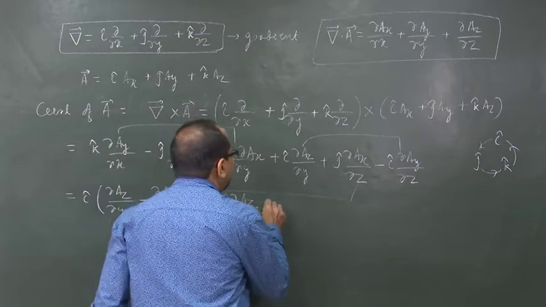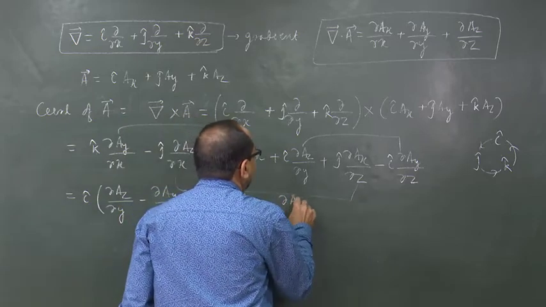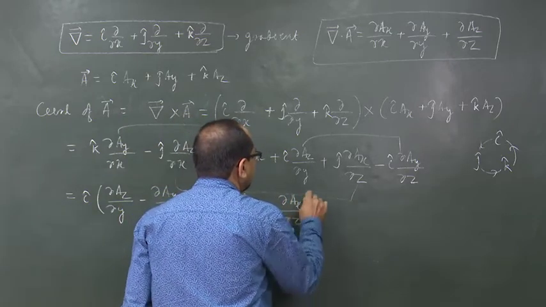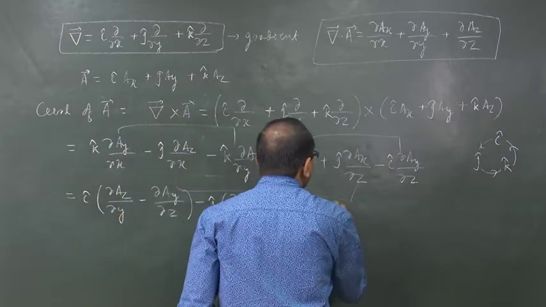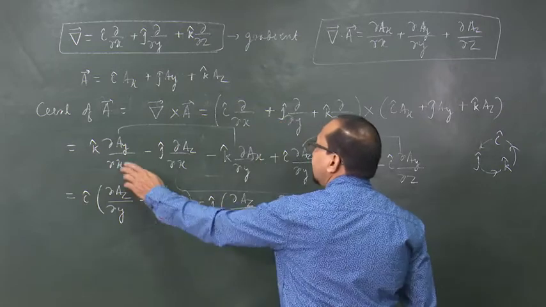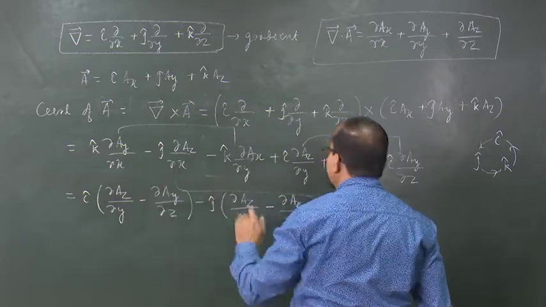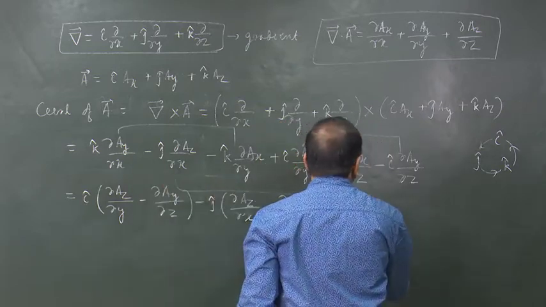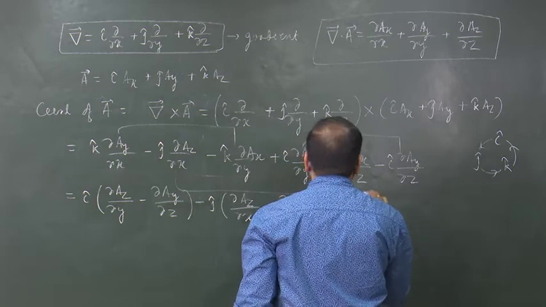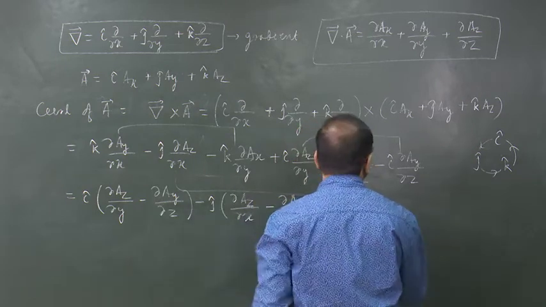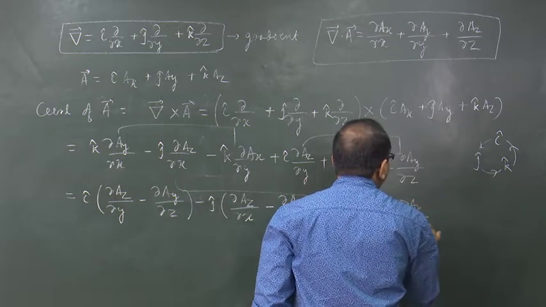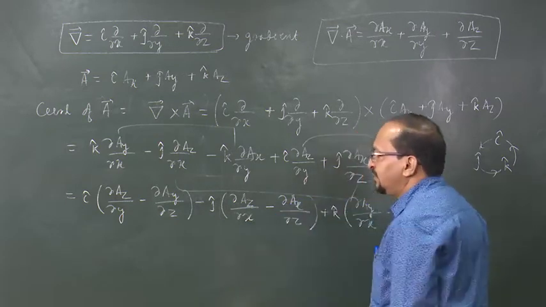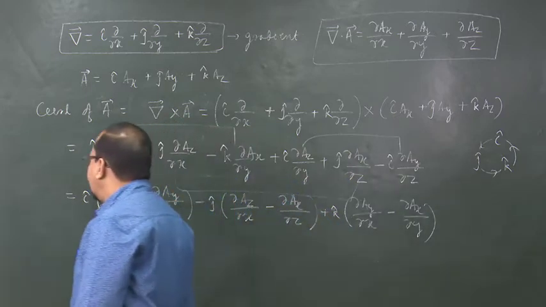So, it will become minus del a x by del z, then plus k cap into, in these 2 terms, we have del a y by del x minus del a x by del y. So, this is our curl of A.